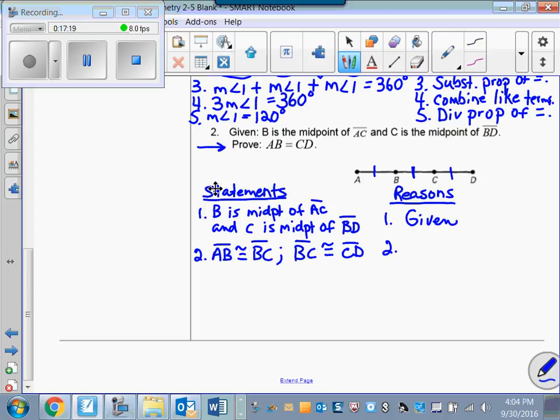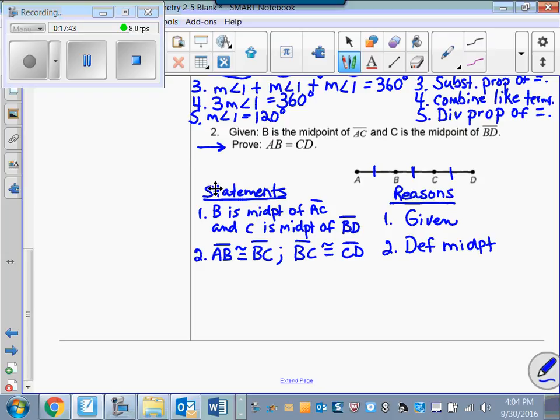This is where, if you haven't been memorizing these definitions, postulates, and theorems, this is where it's going to get you. How do I know these segments are congruent? Because that's the definition of midpoint. The definition of midpoint is a point that divides a segment into 2 congruent segments. Not equal segments, congruent segments.